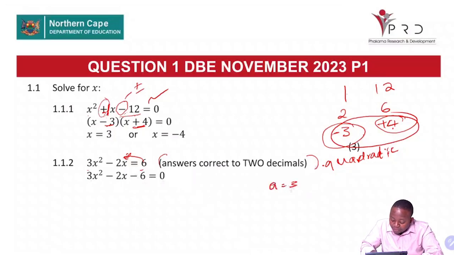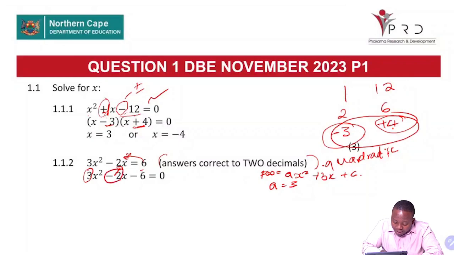Because remember, the standard form is f(x) equals, or y equals, ax squared plus bx plus c. A is this one, that's a. B goes with the x, then c together with it. So this is my a, b, and c.